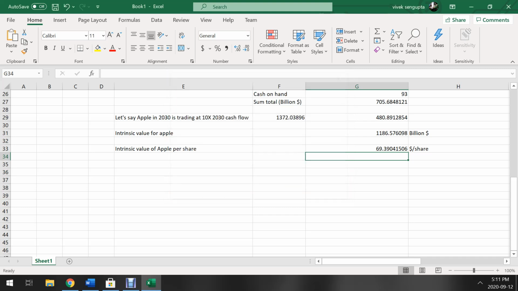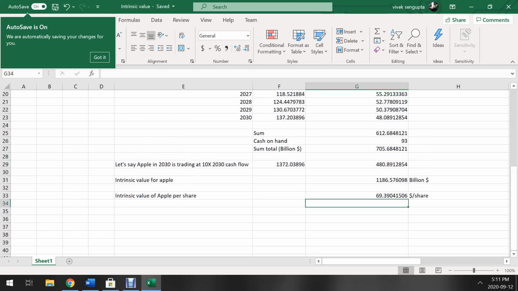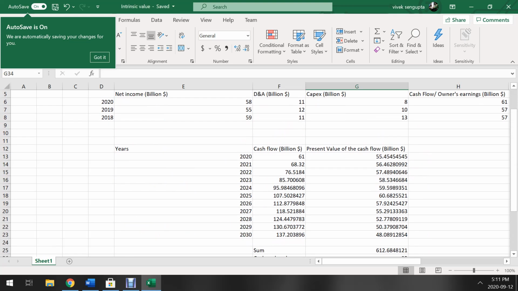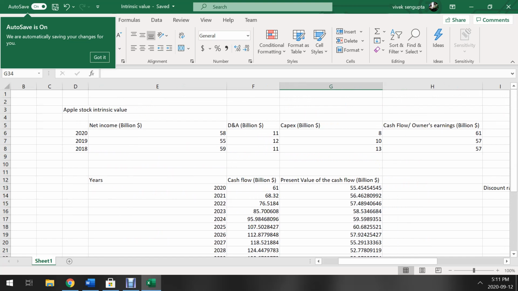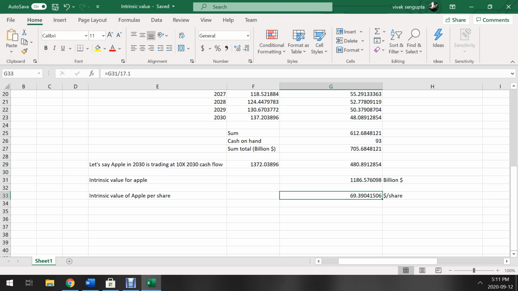It's very interesting that, based on the estimates that we got just from Yahoo Finance, we can actually calculate the intrinsic value of Apple. And then we saw that Apple is trading way above its intrinsic value. So we should not invest in Apple at these share prices.